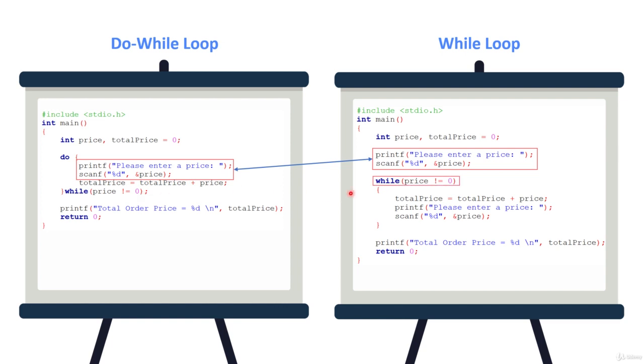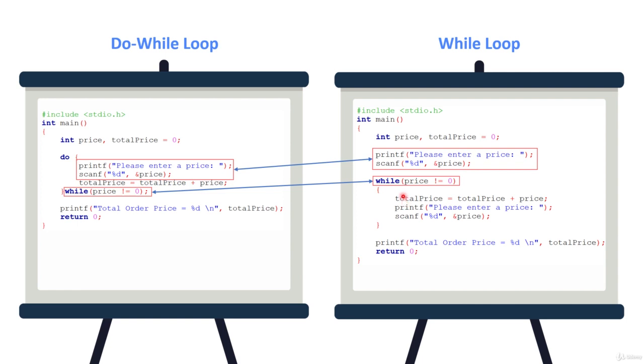And we can see that we also have on both sides the while statement and the condition, which is just the same, right? It specifies the loop condition, and whenever the price equals 0, we will step out of this loop. So it's the same in both cases.